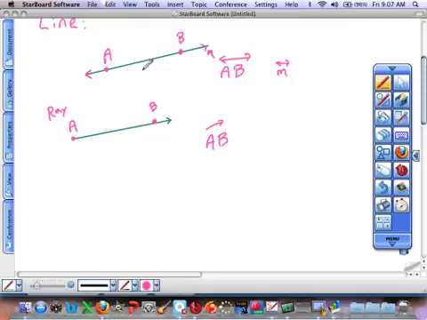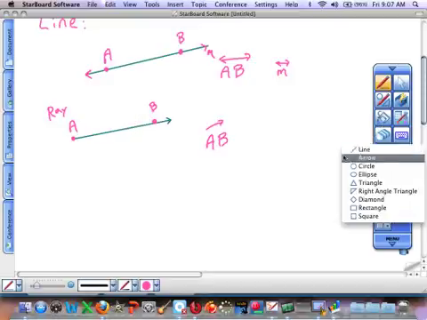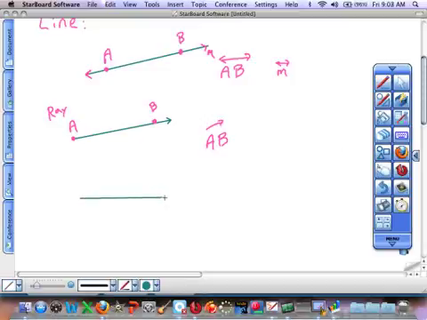And now I've gone from no endpoints, to 1 endpoint, and then our last one is a segment. A segment has two endpoints. Point A, point B. So we would represent that as segment.